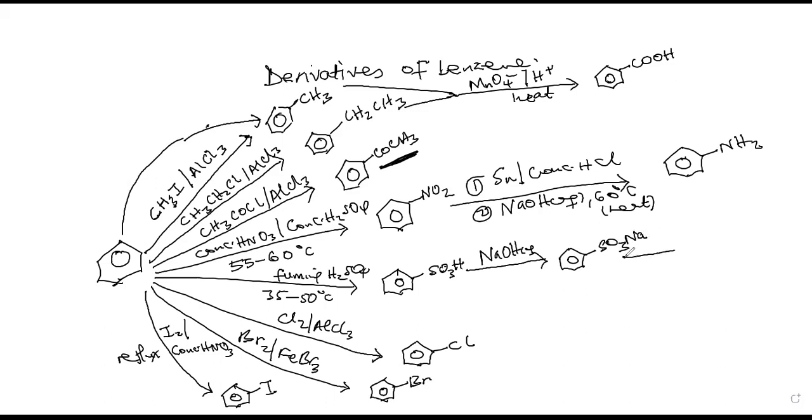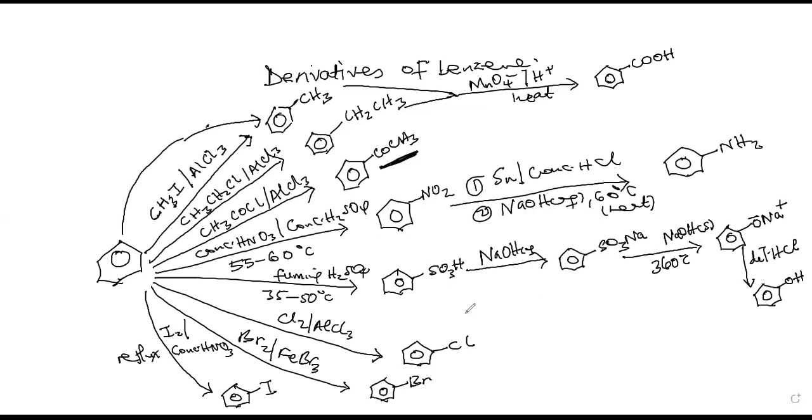Then you treat it with solid sodium hydroxide at 360 degrees. You'll be getting a phenoxide, sodium phenoxide. Then from sodium phenoxide, you can treat it with dilute HCl, and automatically this will give you phenol.